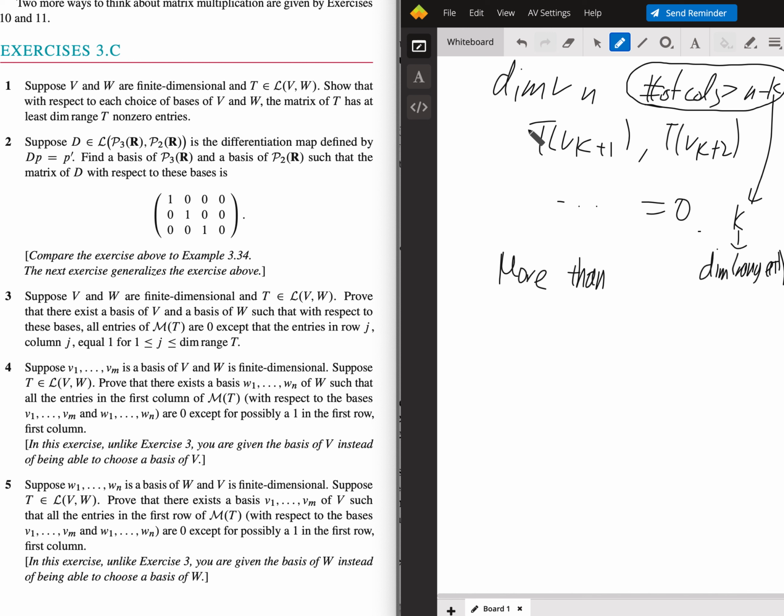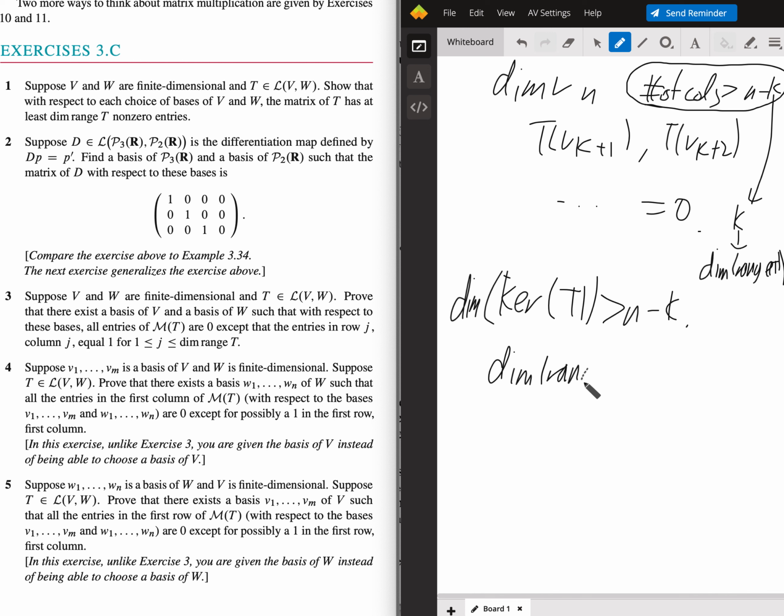Then the kernel of the transformation has dimension greater than n minus k, and the range is doomed to have dimension less than k, because these two have got to sum up to n. And this is contradictory to the fact that the dimension of range T is k.